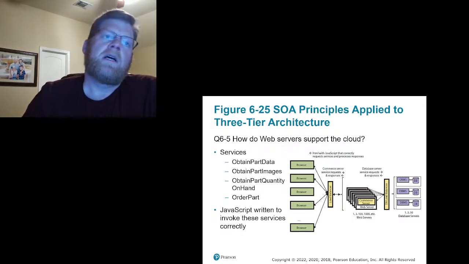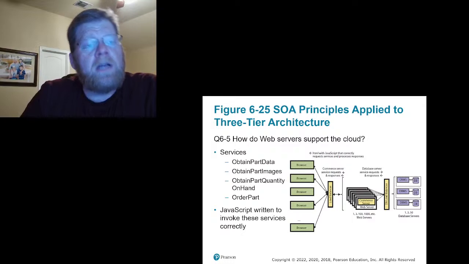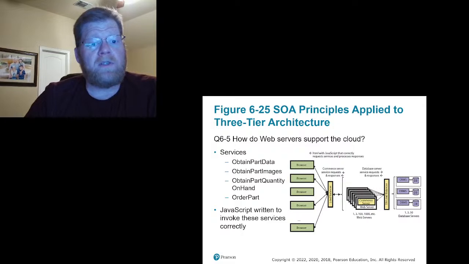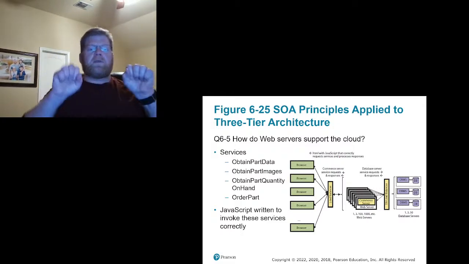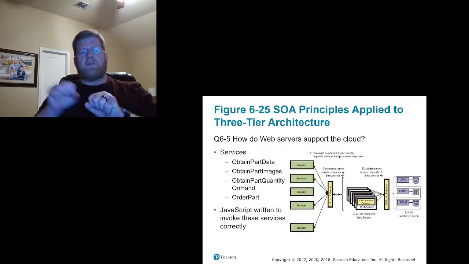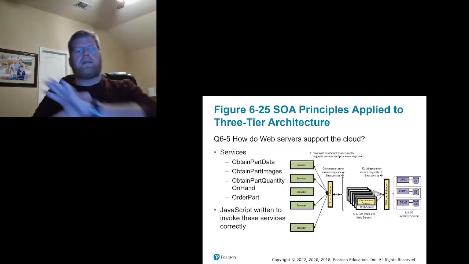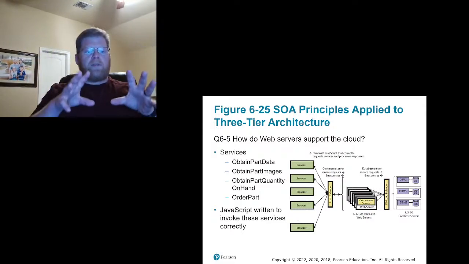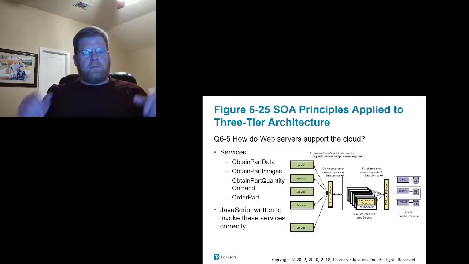The browsers go into a load balancer. Load balancers are used when you have massive amounts of users hitting the same web server or multiple web servers. It says, okay, you go to this web server, you go to this web server, you go to this web server, and then it does a round robin so that one web server doesn't do all the work, okay?